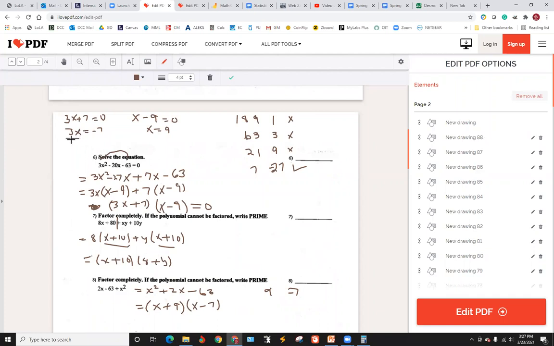And then divide both sides by 3. So x is equal to negative 7 over 3. So there's your two solutions. All right. So the point of learning the factoring was so that you could solve equations by factoring. All right. Any questions about that?